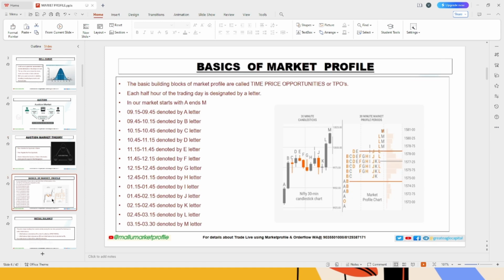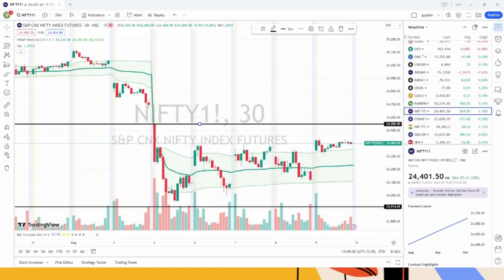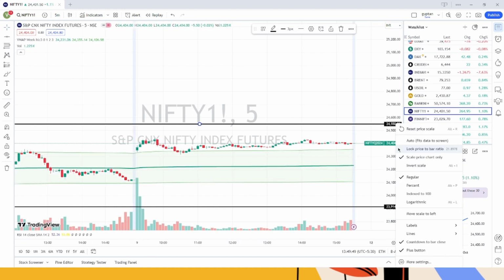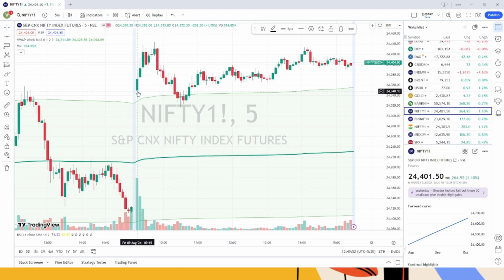So when you come to the picture, you know there was a question. You are a day trader with a 5 minute candlestick. You are following a 5 minute candlestick pattern. If you are following it, how many candles will you see in half an hour? For example, from 9:15 to 9:45, 1, 2, 3, 4, 5, 6.